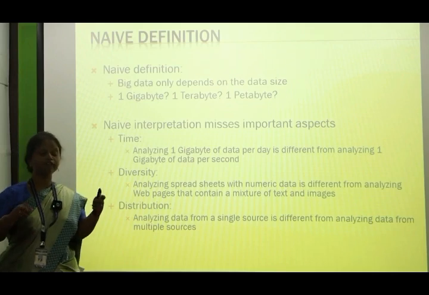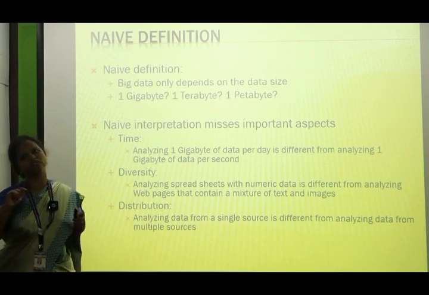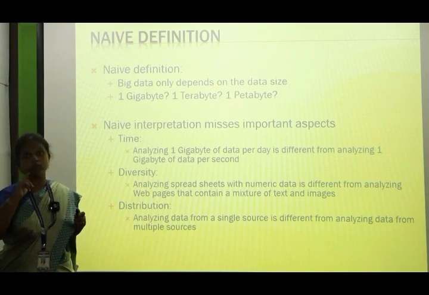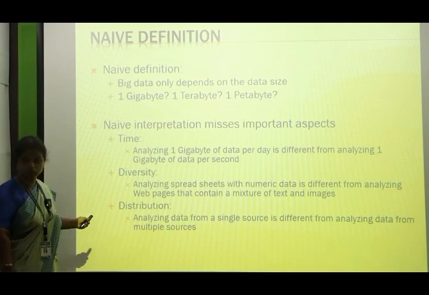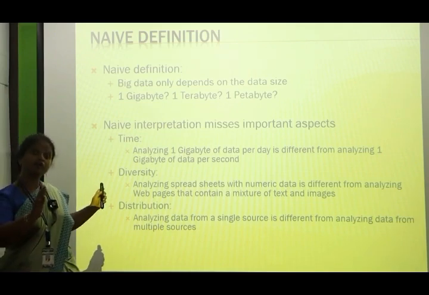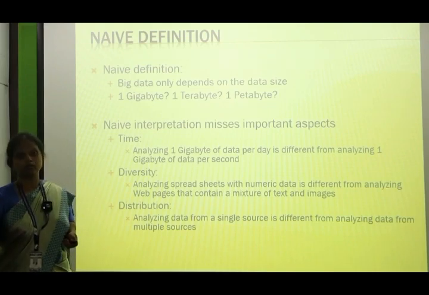So if you are processing 1 gigabyte of data in 1 second, that is also big data. So based on time, diversity and distribution, you have to consider your data as big data. That is also very important.